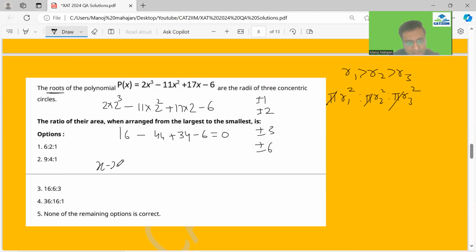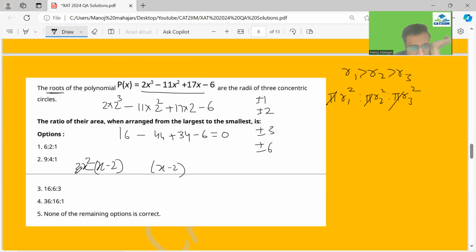So I do it like this, x minus 2 would be the factor of it. So we want 2x cube, so let me multiply this with 2x. Sorry, it should have been 2x square, so that I can get 2x cube.